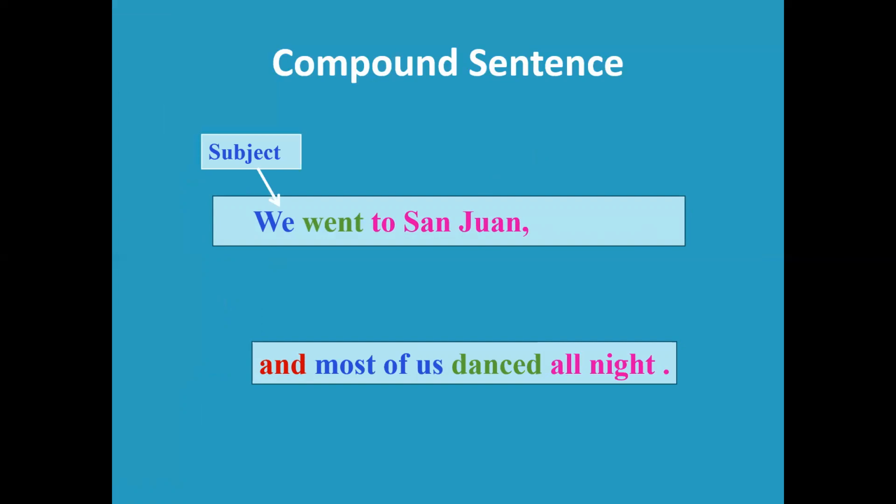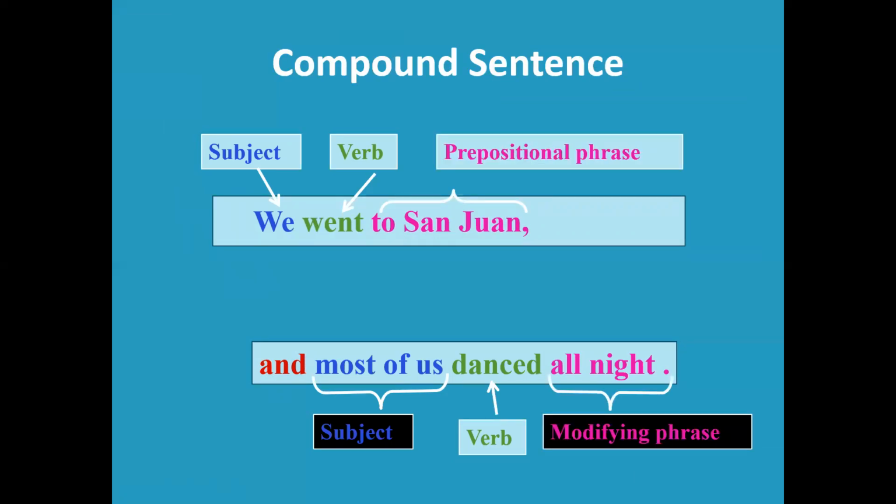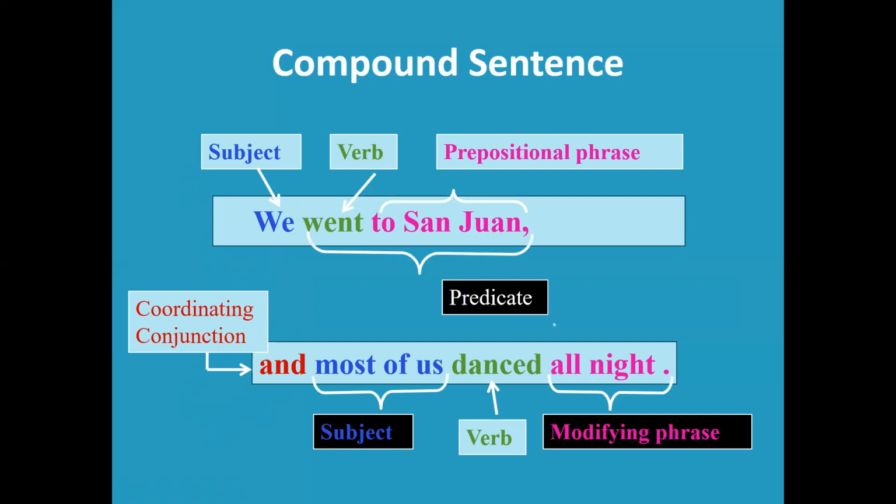So if we try to classify that sentence, we can understand that in this sentence two different clauses are there. In the first clause, we is the subject, went is the verb, and to St. John is obviously a prepositional phrase. And in the second clause, before that we have a coordinating conjunction. We used and there.